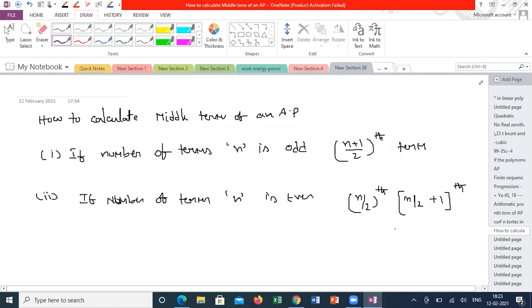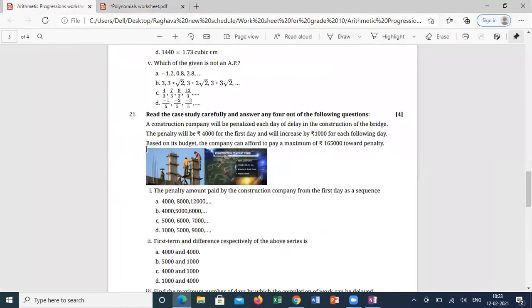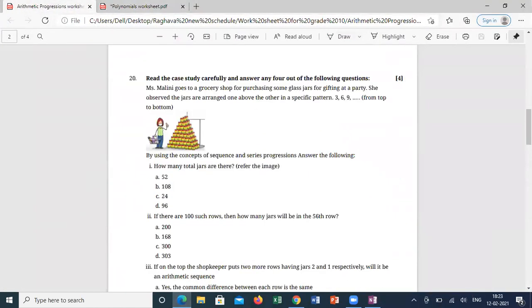So were all the numericals clear? From the worksheet I'm saying, guys. Sir, I have a doubt on the 13th question. Sorry, ma'am. Question number 13, sir. Once again.